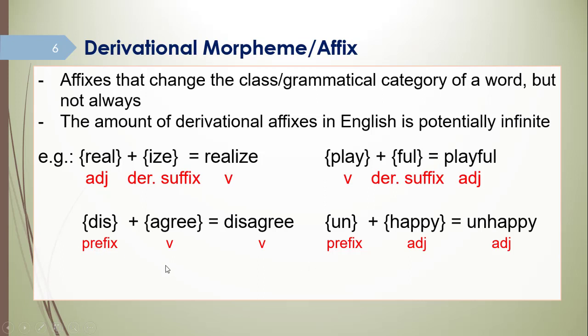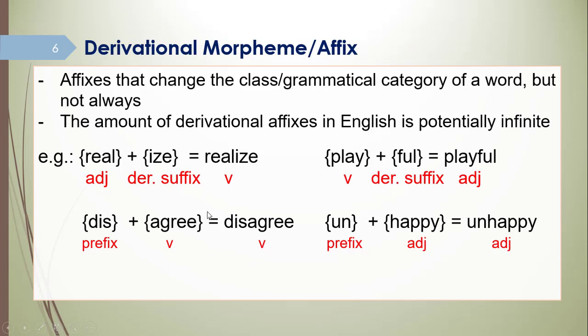These are the examples. Disagree. It comes from dis- and agree. This is also a derivational prefix. It is attached to a verb and it produces a verb too.